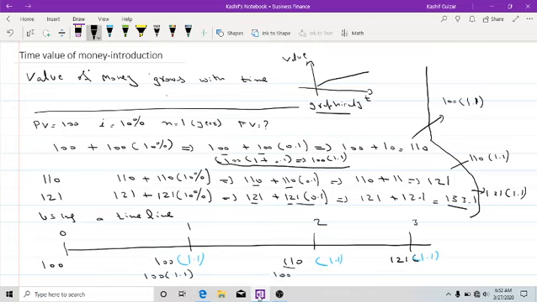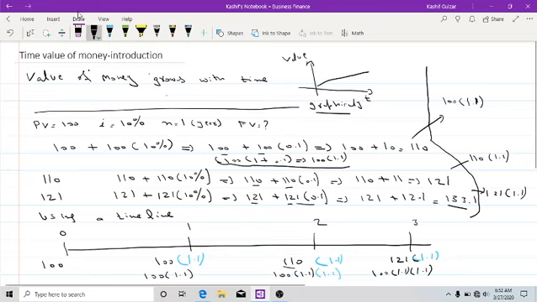So 100 into 1.1, the same factor, and if I see this amount altogether, it can be written as 100 into 1.1 into 1.1 and again 1.1. So this factor 1.1 is added every year.